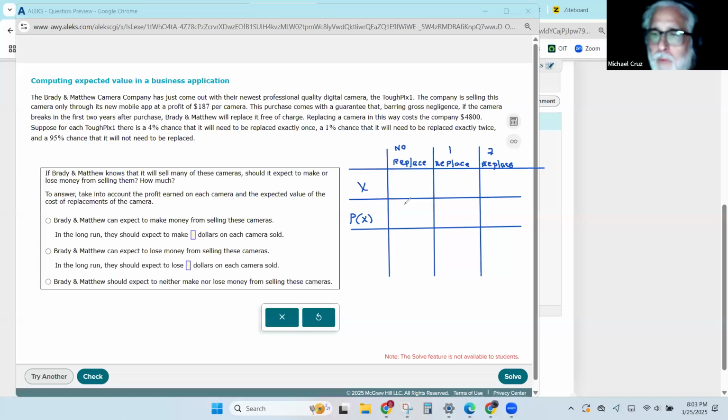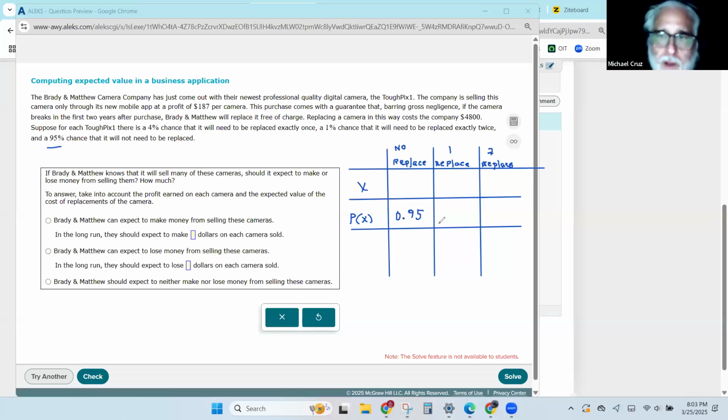Now, the probabilities they give us here: there's a 95% chance that it won't be replaced. Now, we have to write it as a decimal if this is going to work. This is why being able to go from percent to decimal and decimal to percent is important, because we can't really do calculations with the percents.